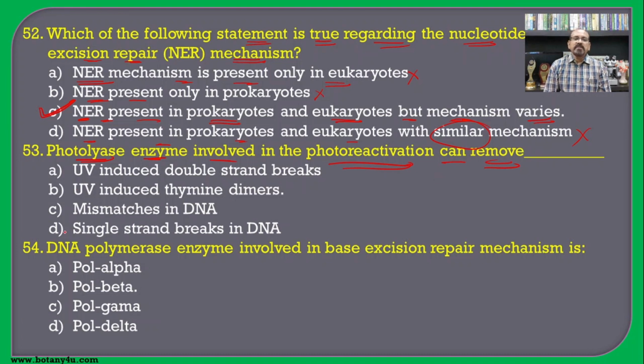The photolyase enzyme involved in photoreactivation can remove what? If you see the process of the photolyase which is involved in photoreactivation, there is a formation of thymine dimer. Under visible light this thymine dimer is removed, and hence the ultraviolet induced thymine dimer is the correct answer for this question.